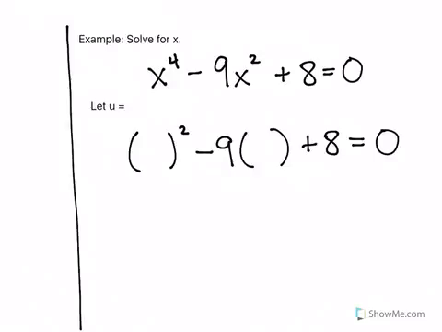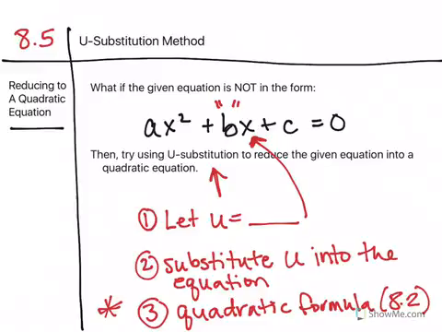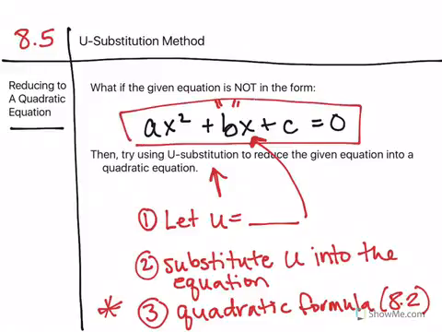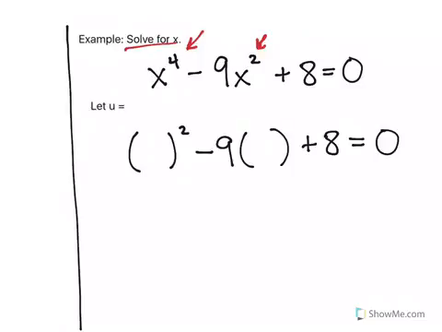The directions say solve for x, but as you can see, we can't solve for x directly because we have x to the fourth and x to the second. That does not look like this equation here. So we're going to let u equal this value that's next to what we would like to be b.